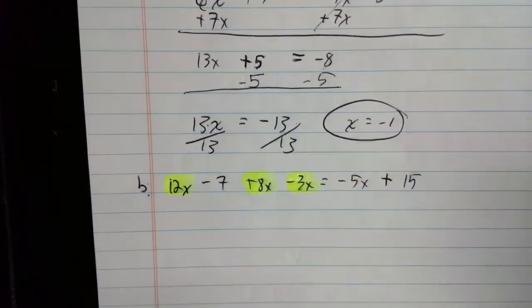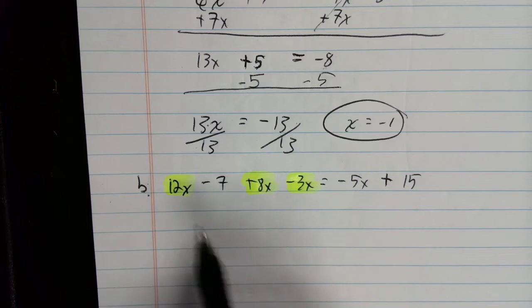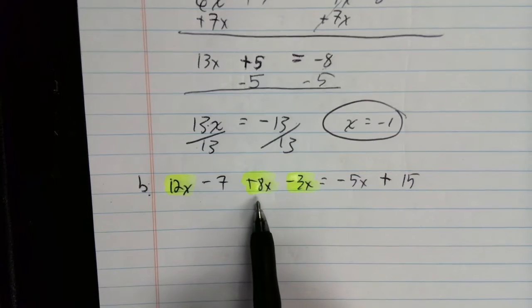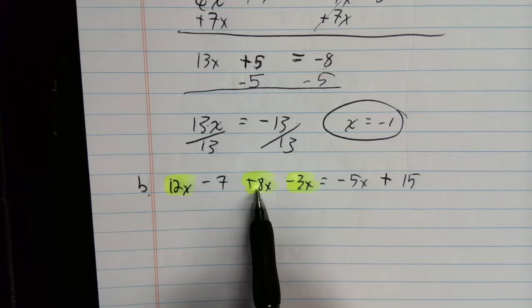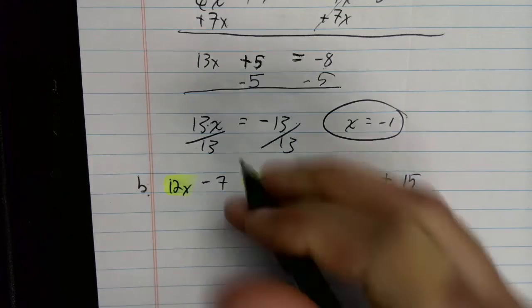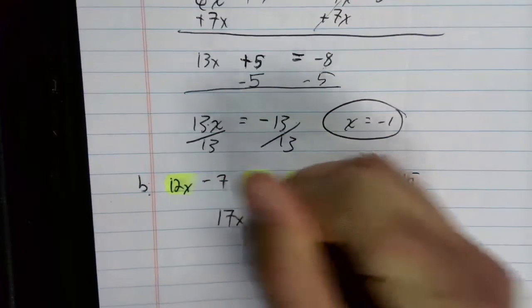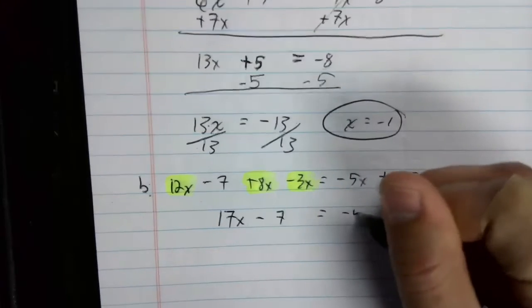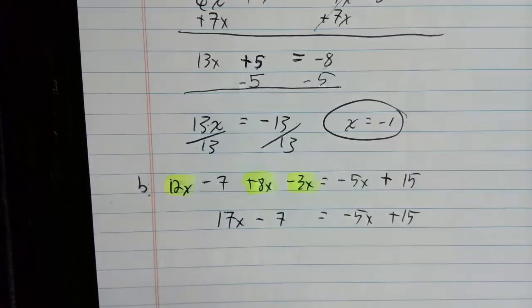So I want to combine those. And again, we just look at the coefficients to tell us what the value will be. 12 and positive 8 makes a 20. 20 and a negative 3 makes a 17. I have 17 x's minus 7 equals negative 5x plus 15.